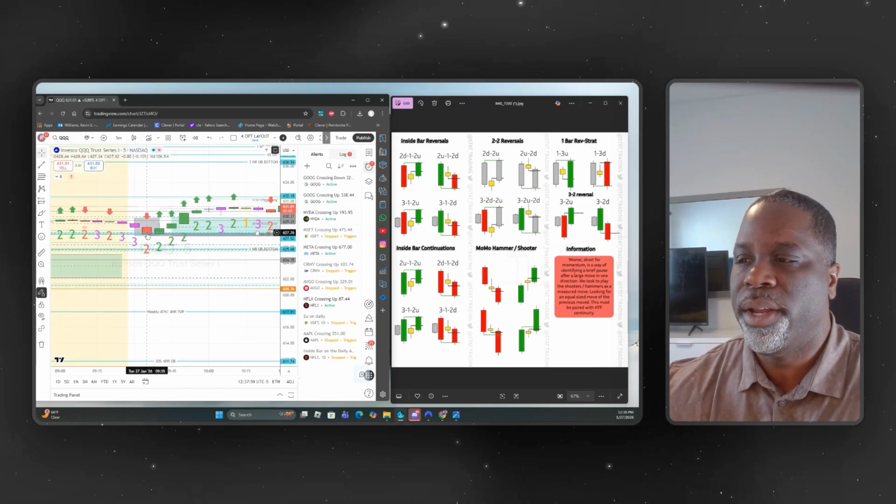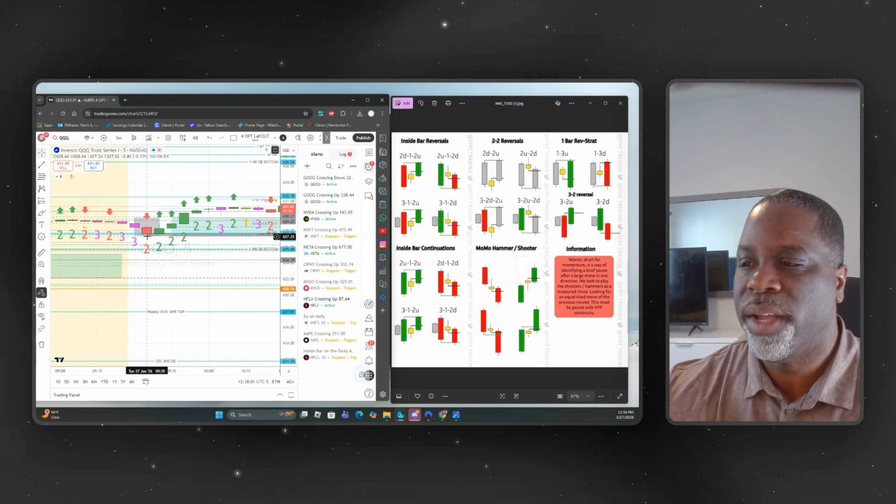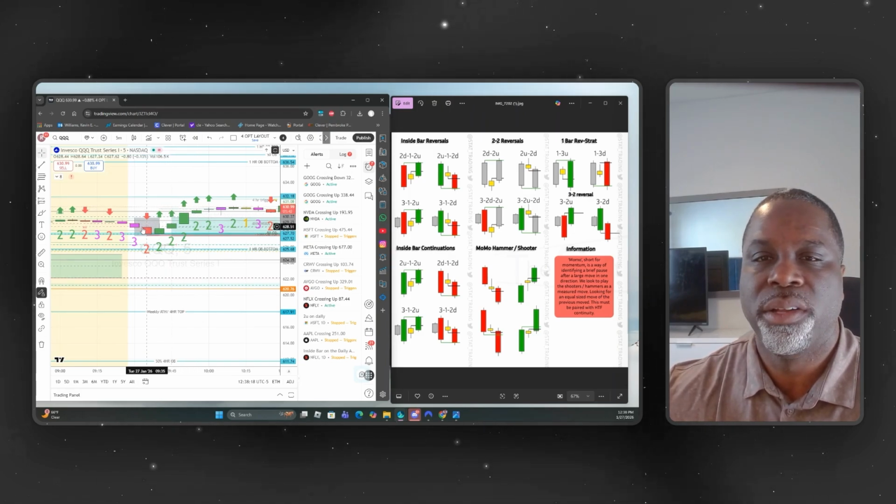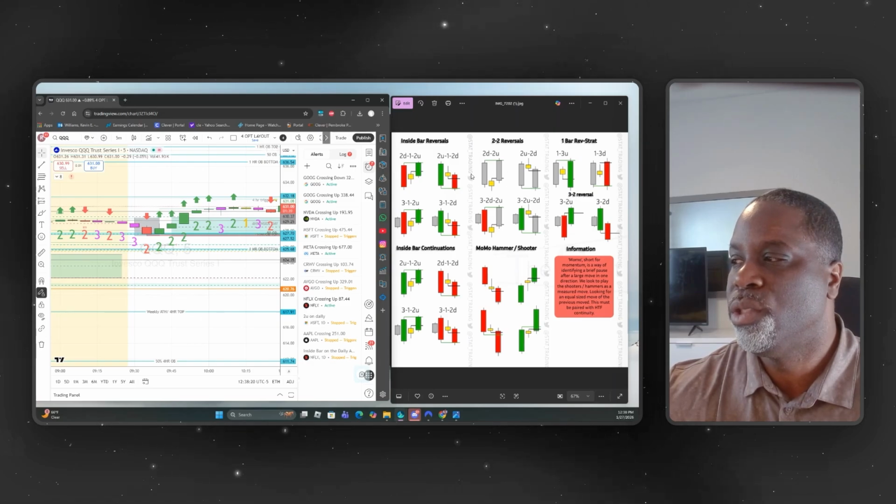QQQ came down and created a 2 down candle off an area of order block with support. You can call it support or order block. Once it bounced back up and closed above this candle, I got into my trade, taking the candle to the upside of 630, getting a nice profit off that trade, just following the simple rules of this 2-2 reversal.